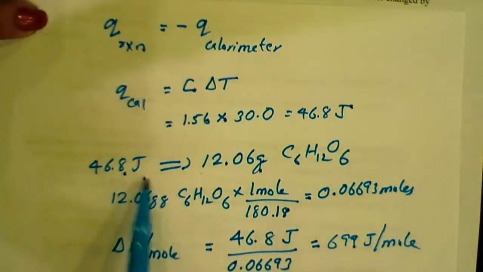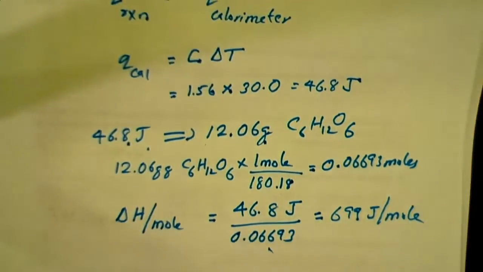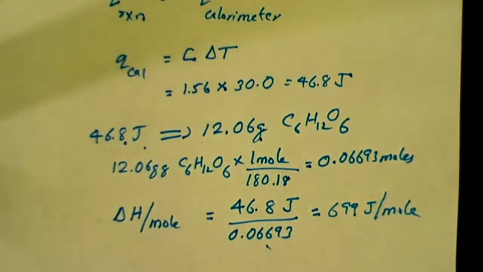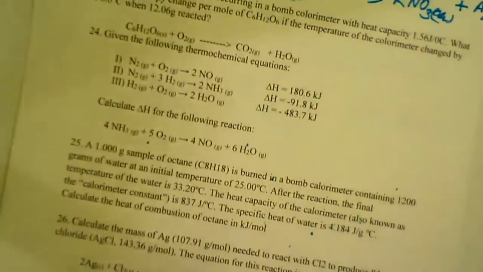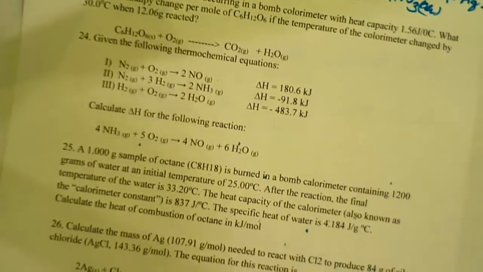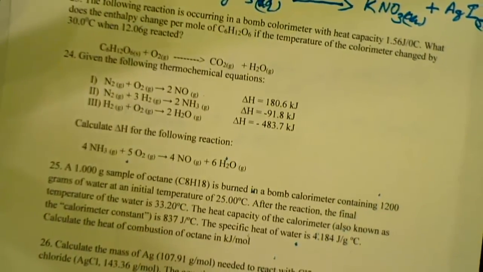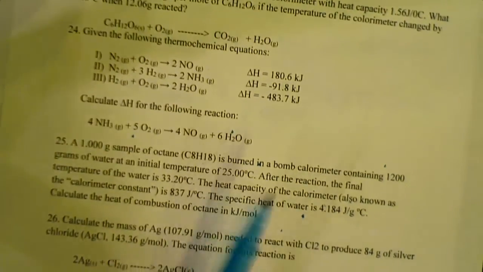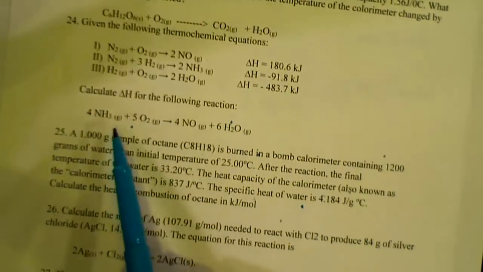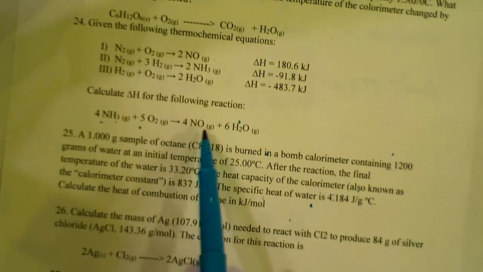So the heat energy for the reaction will be equal to the negative of Q calorimeter, and for the Q calorimeter it is C delta T, and then plug the values you have. So figure out how many moles there were, and then divide the heat energy by the number of moles. You will get the enthalpy change per mole.